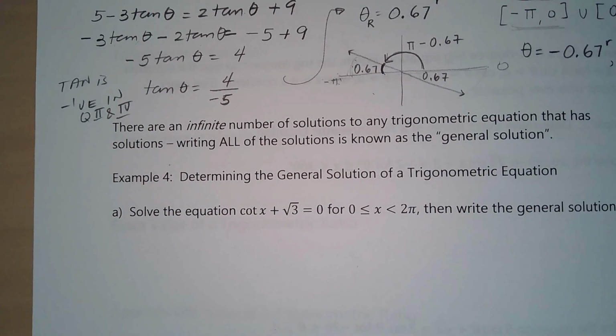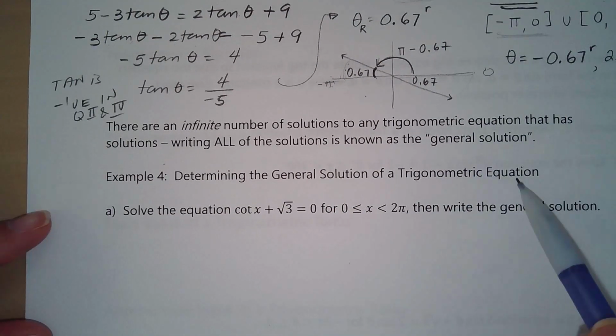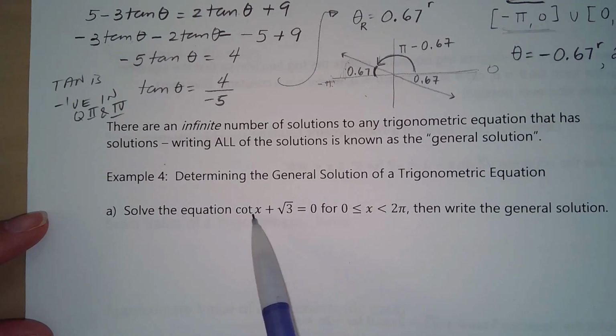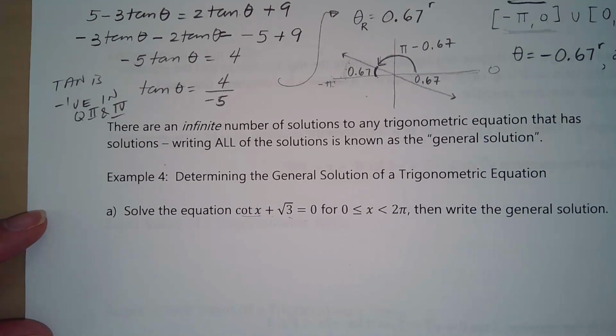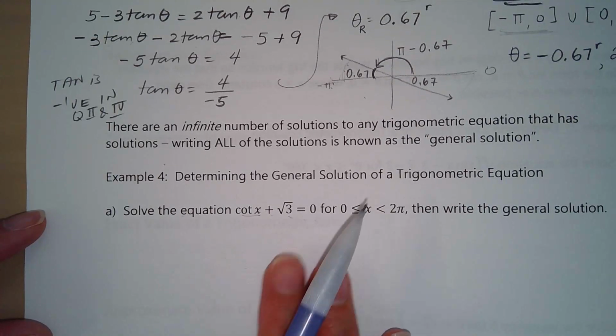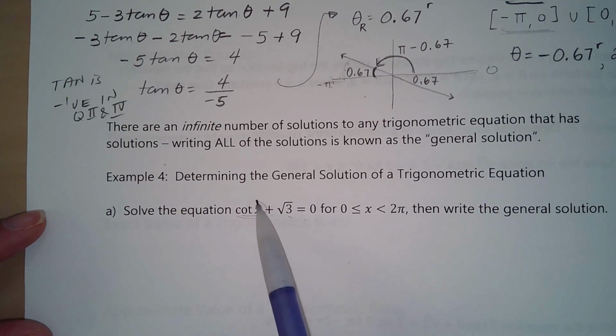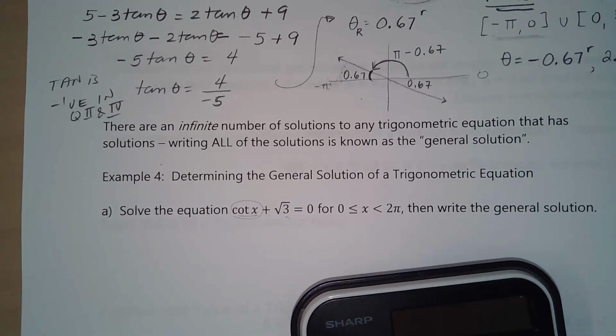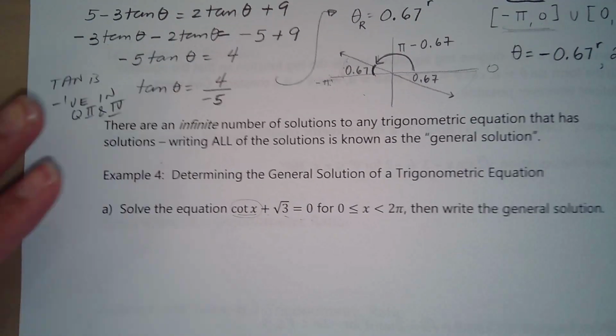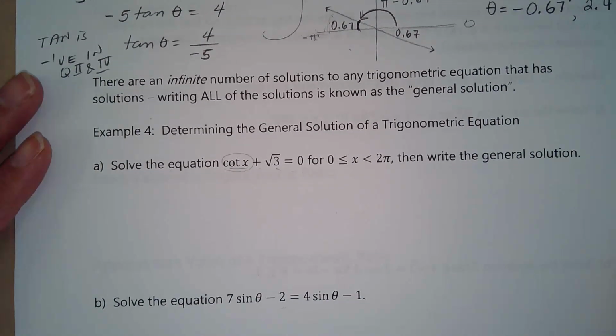Okay, example 4. Determine the general solution of a trigonometric equation. Solve the equation cotangent x plus root of 3 equals 0. Now, cotangent of x, we don't have that in here. We'll see what kind of solution we're going to get.